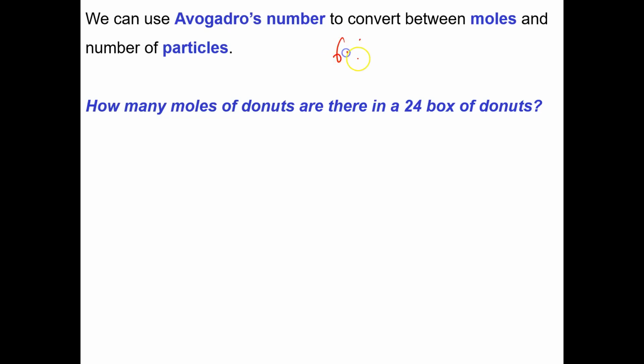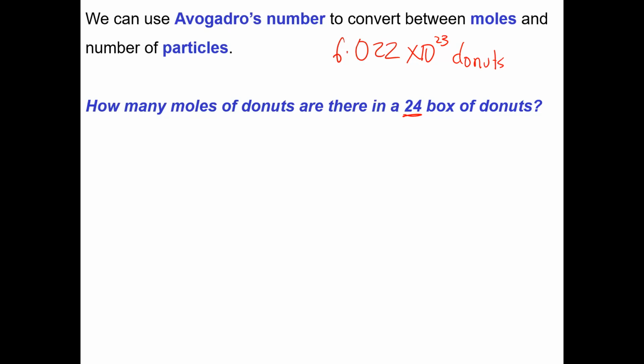Now, considering that in 1 mole there are 6.022 × 10^23 donuts, 24 donuts is not going to be very many moles at all. So I'm expecting to get a very small number. So we recognize we want to convert between the number of particles, donuts in this case, and moles.